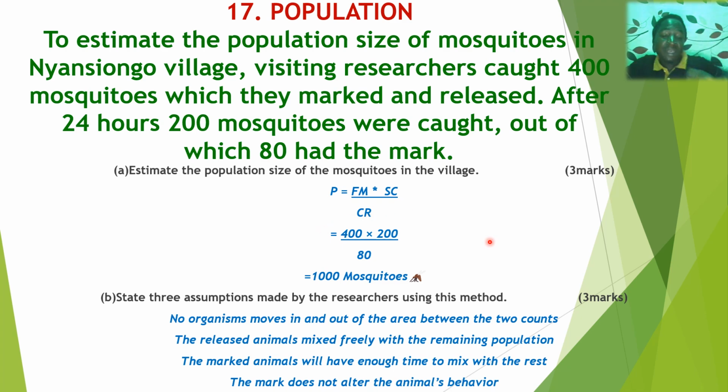And that is why this method is known as capture-recapture method. So you see, from the 200 mosquitoes, 80 had been catched earlier on, marked and released to the same environment. So when you do that mathematics, we have a total of 1,000 mosquitoes.